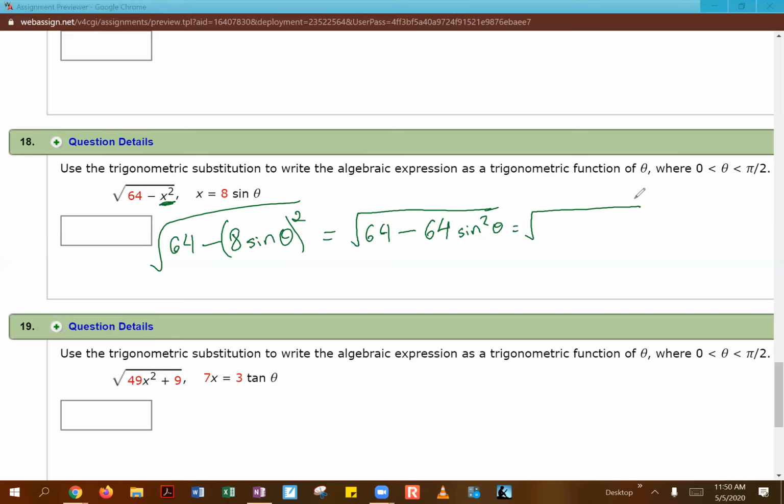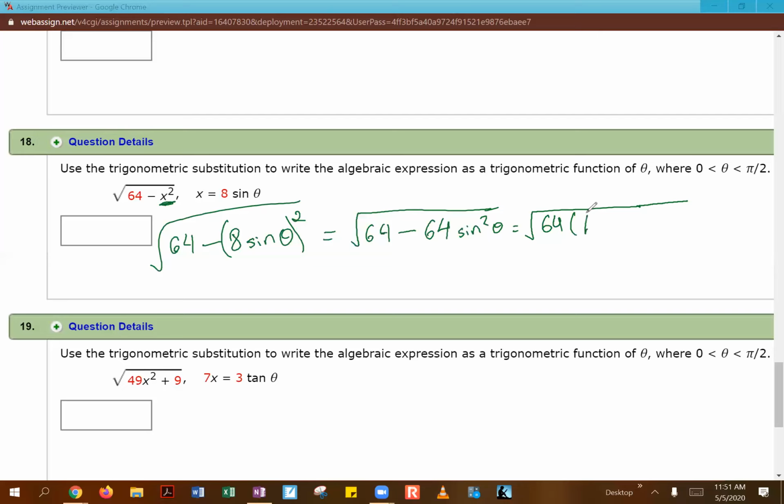Do we factor the 64? Uh-huh. So that will leave us with... Is it negative sine squared of theta?